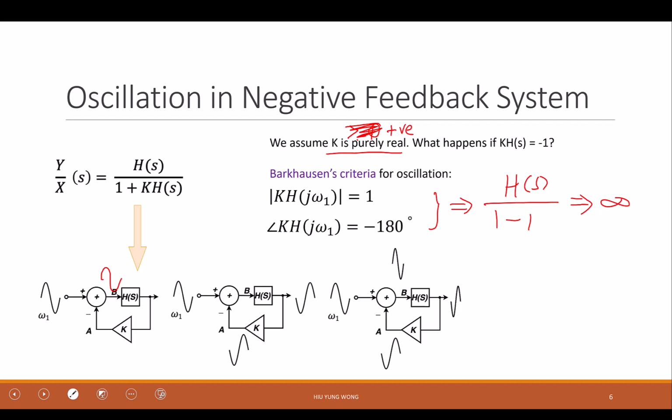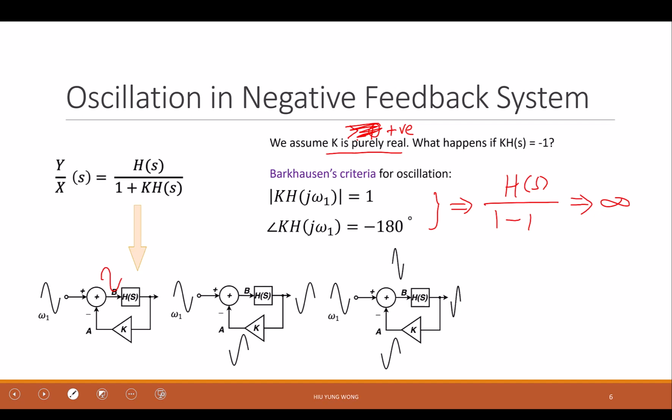And the main point is that because you constructed a negative feedback, relying on the fact that both H and K are positive or negative, doesn't matter, you construct it so that overall it is negative, right? But now the sign of the H got flipped. Then as a result, you have a positive feedback.